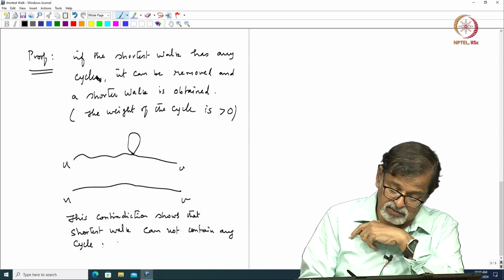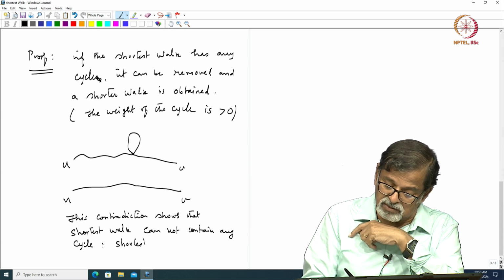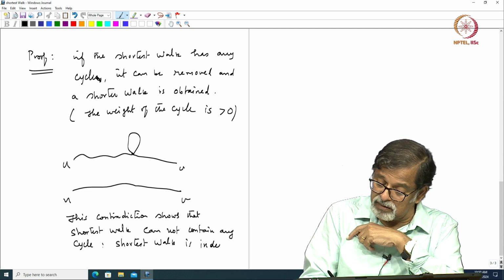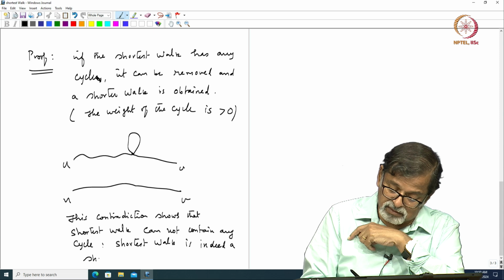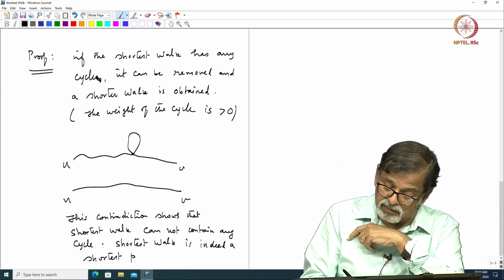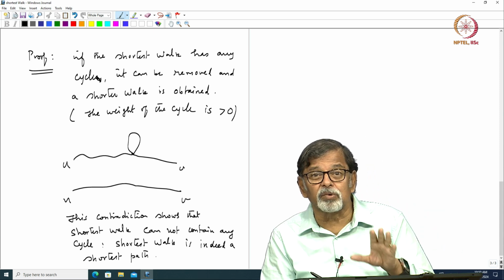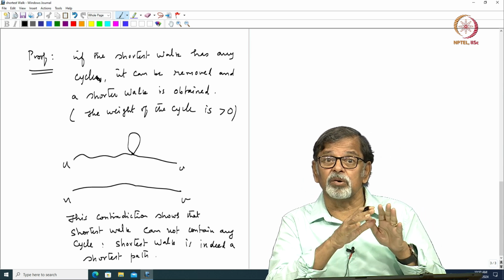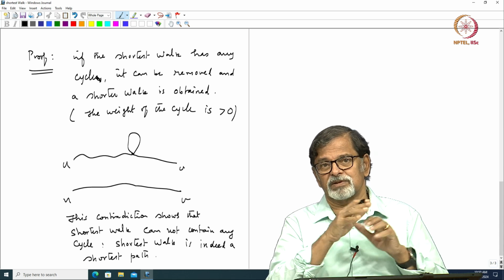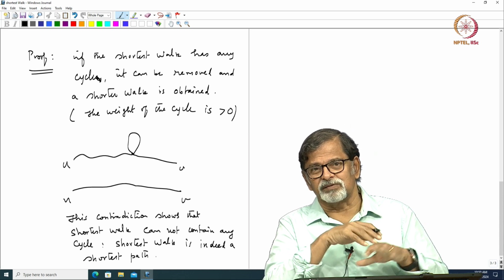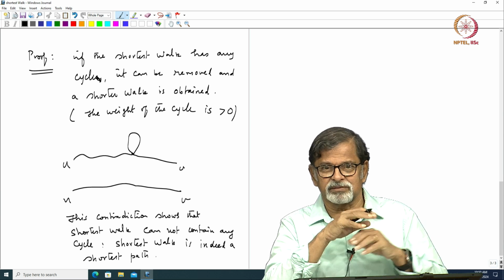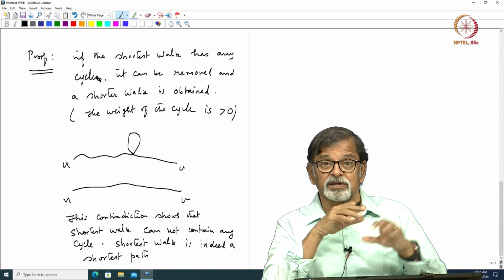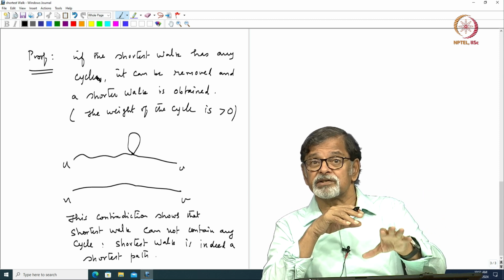That means the shortest walk is indeed a shortest path. This is possible only, right, when the graph has no negative or zero cycle. If the graph has no negative or zero cycles, then the shortest walk will indeed be a shortest path.